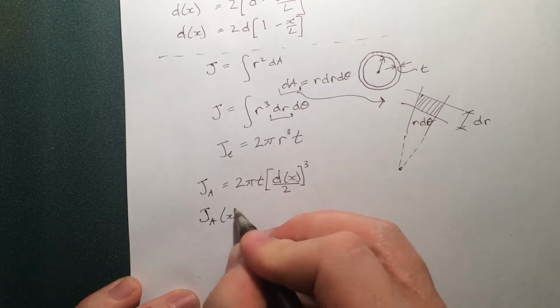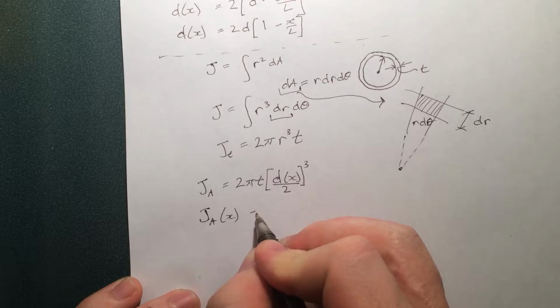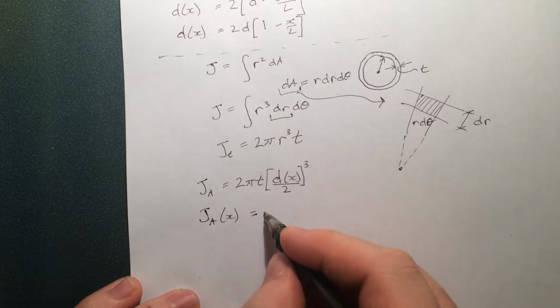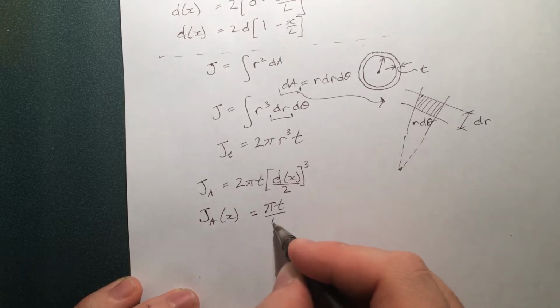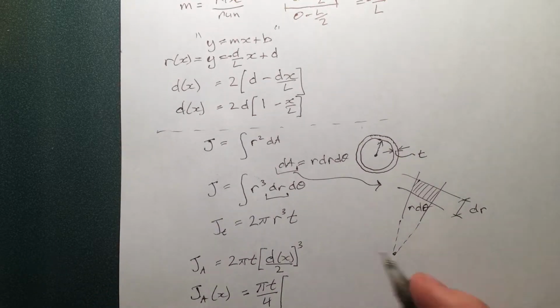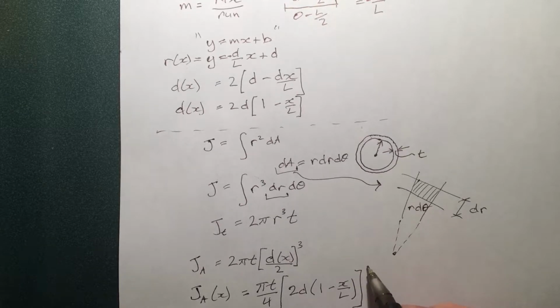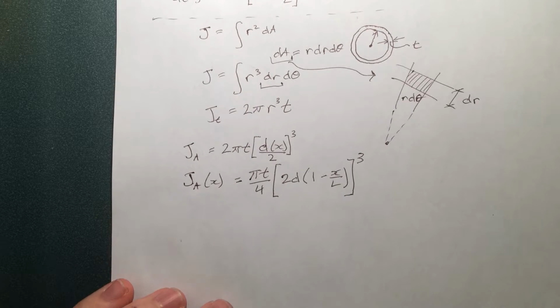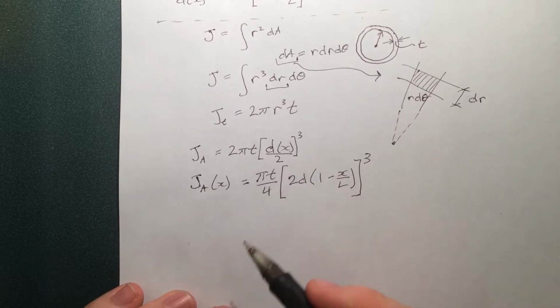So J_A as a function of x is equal to pi t by 4, the diameter as a function of x, right here. All right, so that complicated looking thing is what we've got to plug into the bottom of our integral.